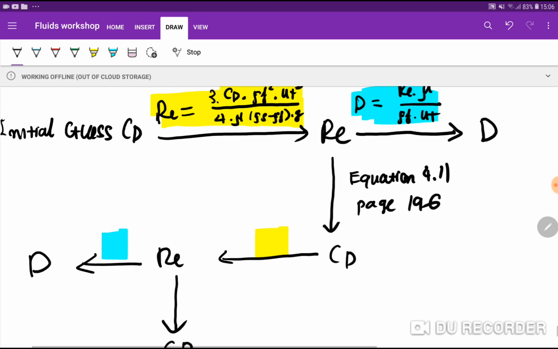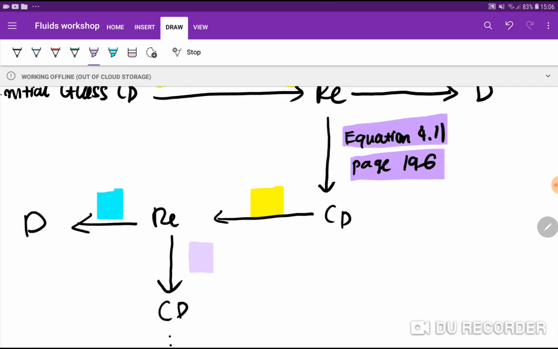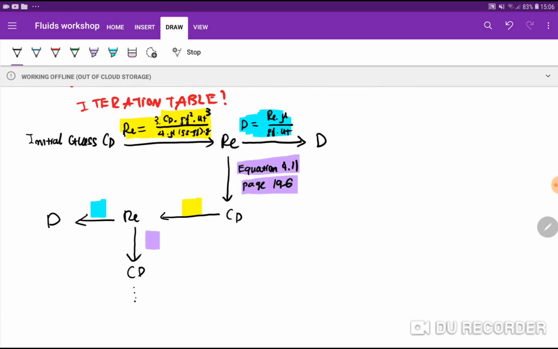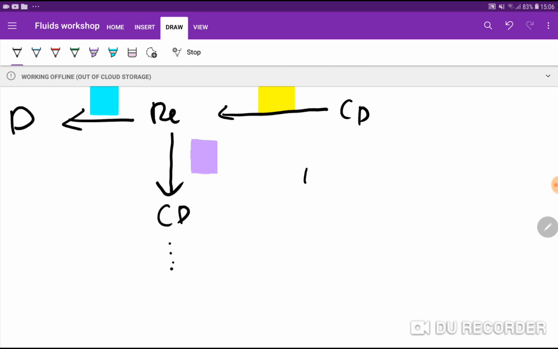Let me clarify. You start with the initial guess drag coefficient. You find the Reynolds number using the yellow equation. You find the diameter using the blue equation. From that Reynolds number, you can find the drag coefficient again using equation 4.11, page 196. You keep repeating that until D converges. Once the diameter converges, you stop.